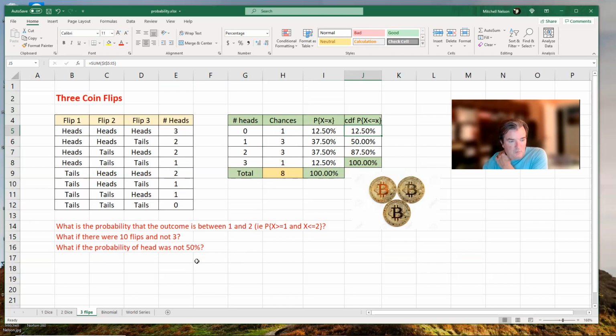Okay. What if we decided that instead of doing 3 flips, we wanted to do 10 flips? Well, this chart right here actually has 8 rows in it. The reason there are 8 rows is that every time you flip a coin, you double the number of rows you had before.